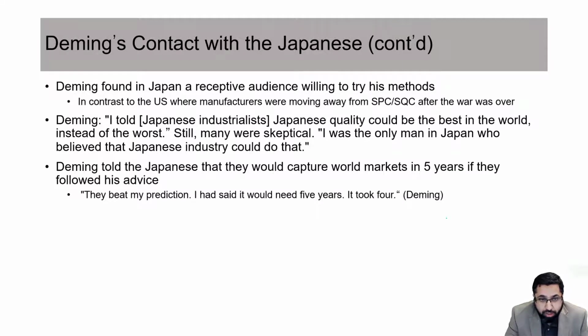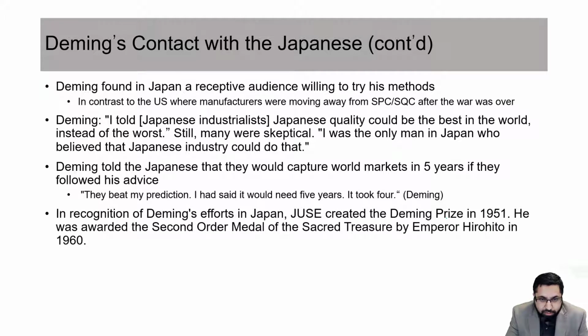Deming told the Japanese they would capture world markets in some industries, like electronics and automotive, in 5 years if they followed his advice. And he says that they beat his prediction. It took them about 4 years to really improve their quality, to be one of the best in the world.